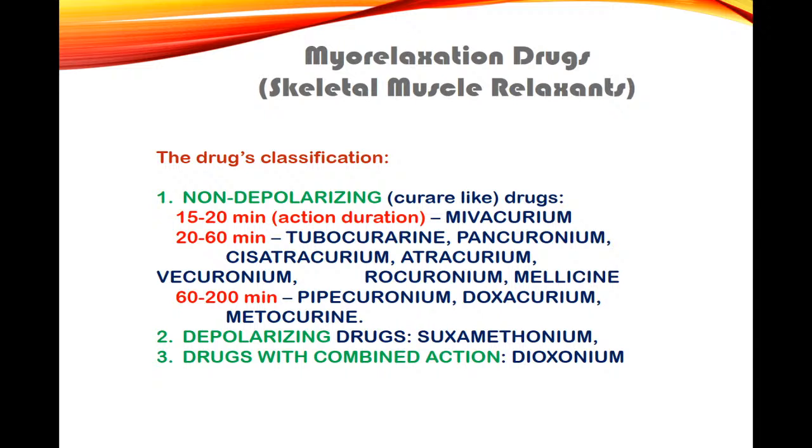This is an alkaloid of special trees from South America, a tropical tree, chondodendron. With the help of this poison, South American Indians were hunting and warring.